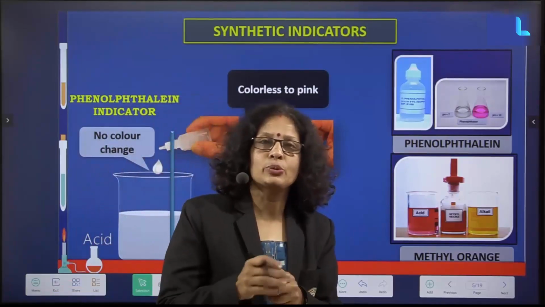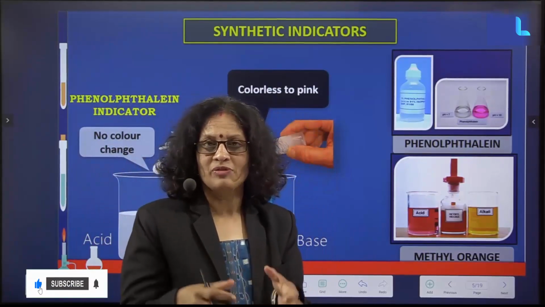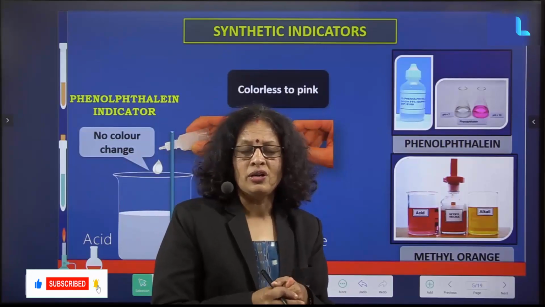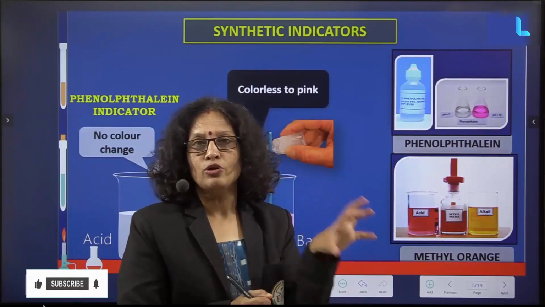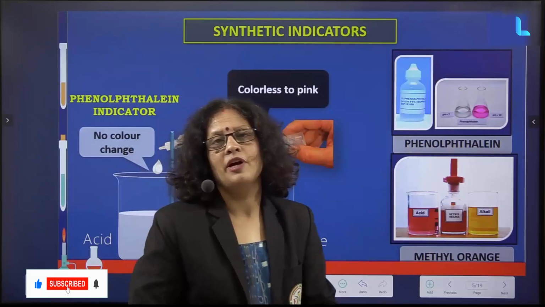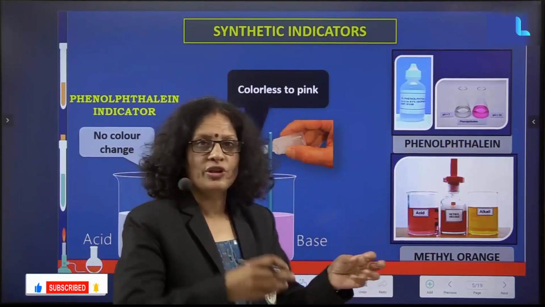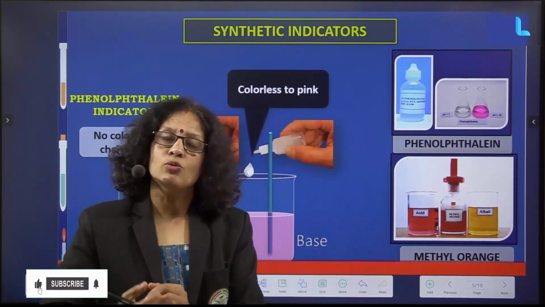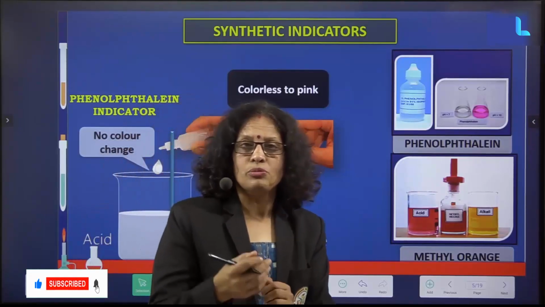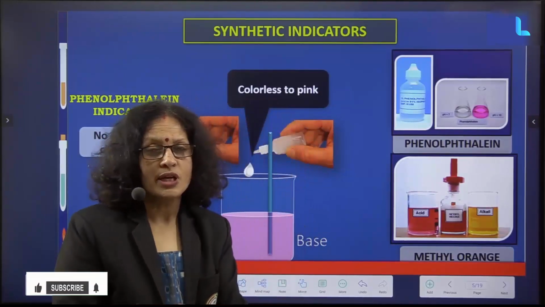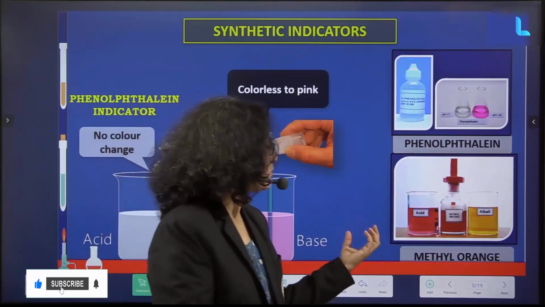Up to school level, up to 12th standard, you will be doing an experiment called titration. Titration is where we can find out the unknown solution's concentration by volumetric analysis using apparatus like a burette and pipette. You will learn shortly about that also.